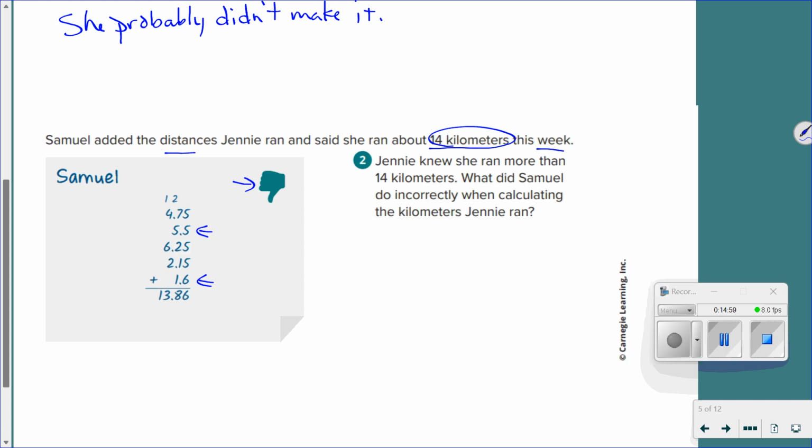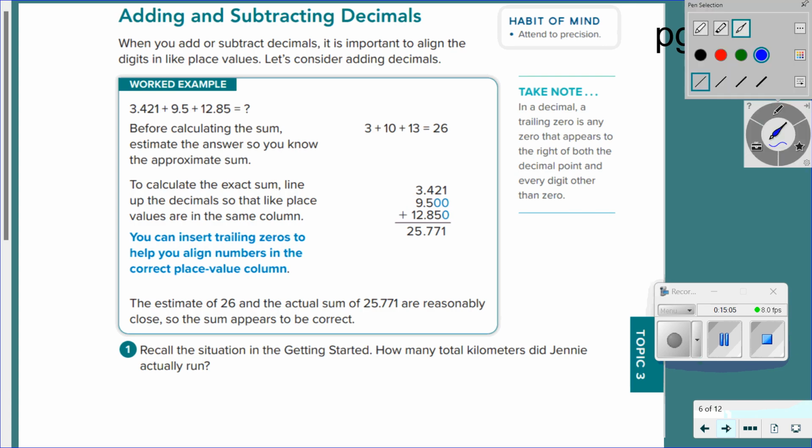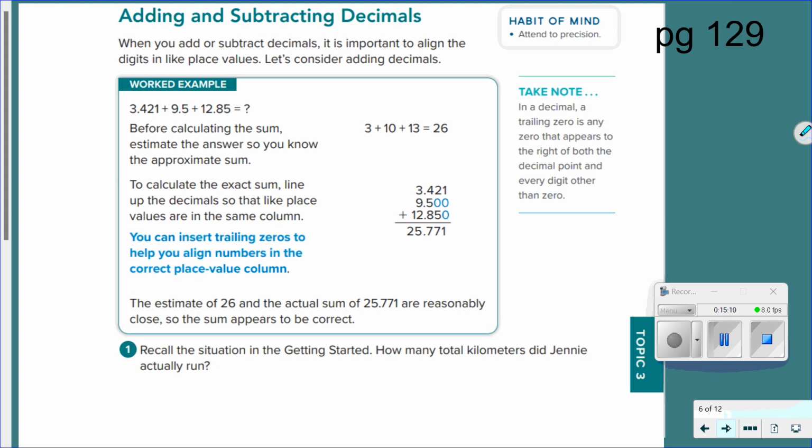Okay. Turn the page, pull out your highlighters and your vocabulary sheets. If you don't have them out yet, pull them out right now. Okay, here is our big vocab: a trailing zero.